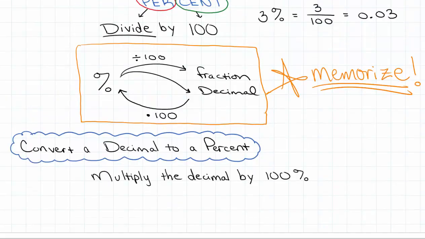And that's kind of like what we're looking at here in this diagram. To go from a decimal to a percent, you're going this direction, you multiply by 100. And then, of course, you need to attach that percent sign to it because you're converting it to a percent.